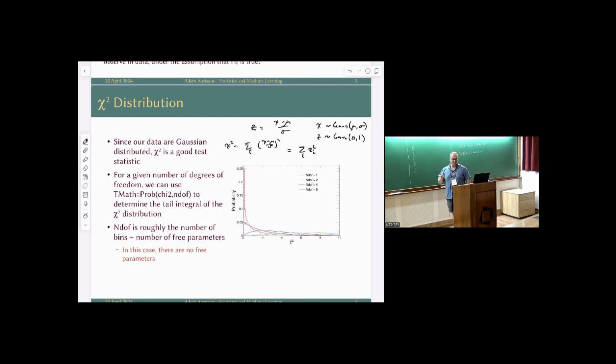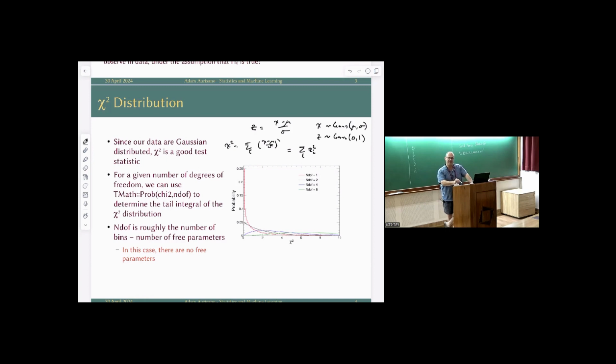So this distribution is defined in terms of the number of degrees of freedom, right? The idea is that the number of individual Gaussian deviates squared basically defines what the probability distribution is.